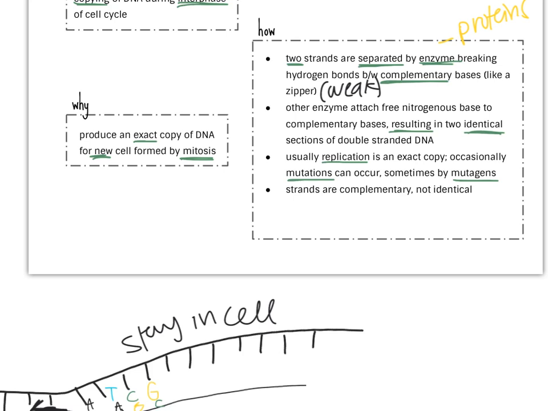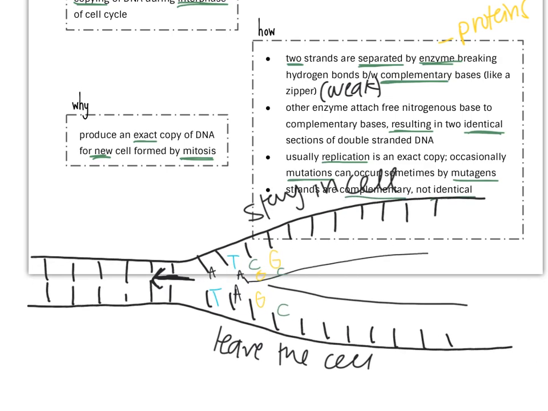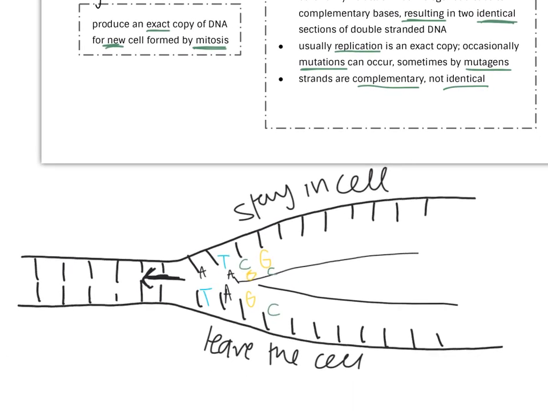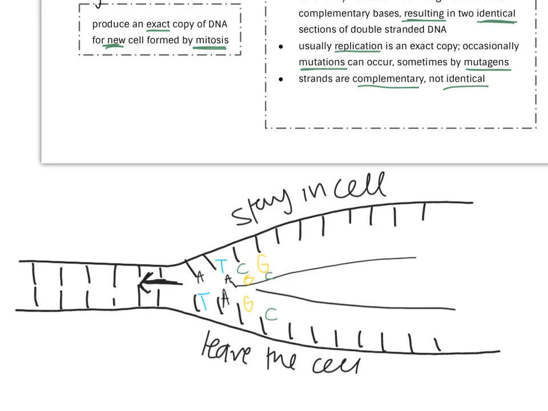And then this bullet right here, where it says strands are complementary, not identical, is referring to down here. So right here, we have two DNA molecules with two strands each. This part right here, we're going to mark it up real fast.